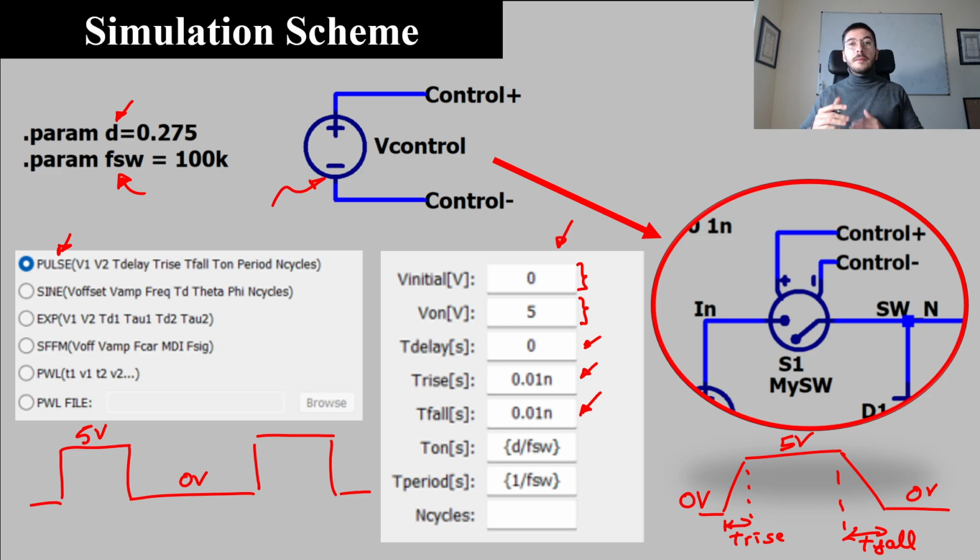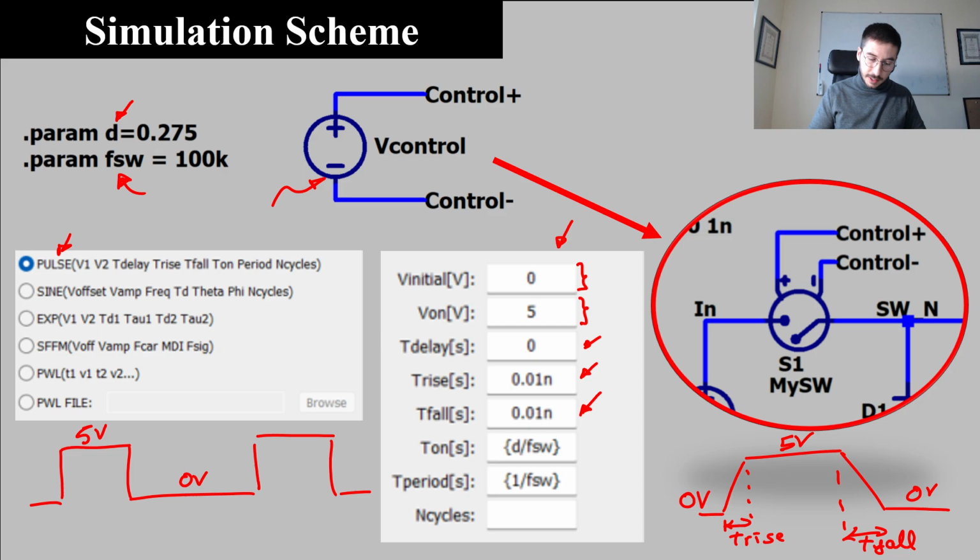It's the amount of time that the control signal uses to change from low value to high value and vice versa. Ideally 0, but if we do this in LTspice we are going to have a problem. So we have to put a very small value. 0.01 nanoseconds is okay in both cases.